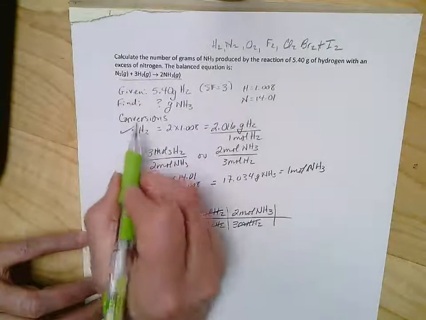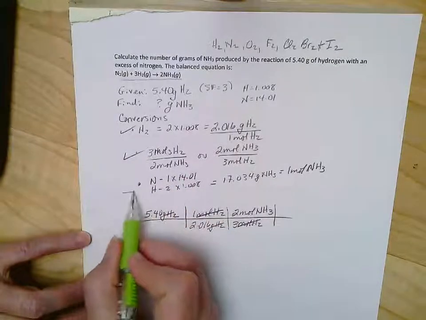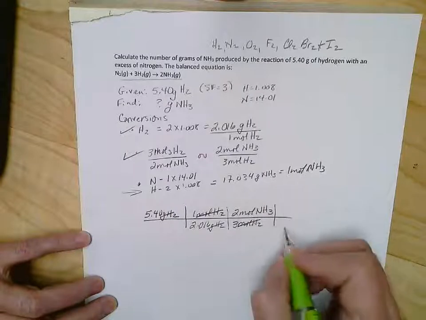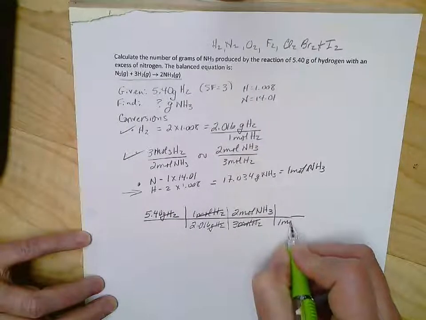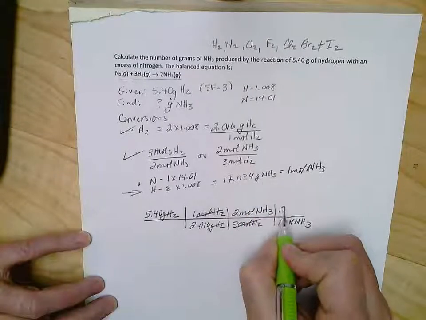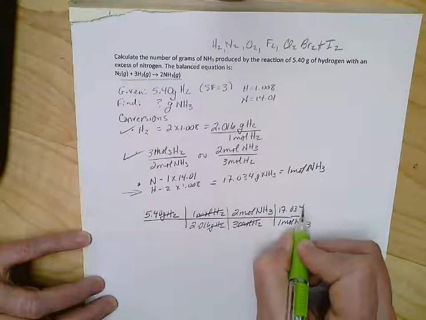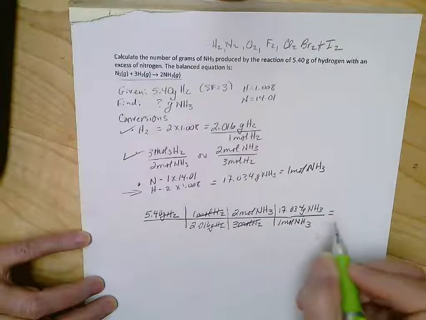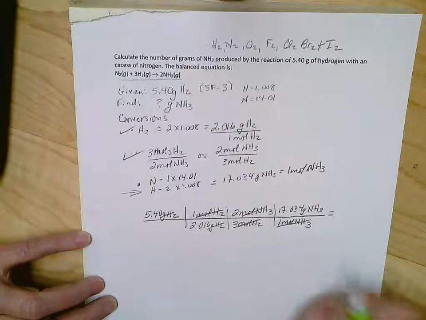I've used this, now I'm going to use this. I need moles to cancel, so this goes on the bottom. 1 mole NH3 for 17.034 grams NH3. And moles of NH3 cancel.